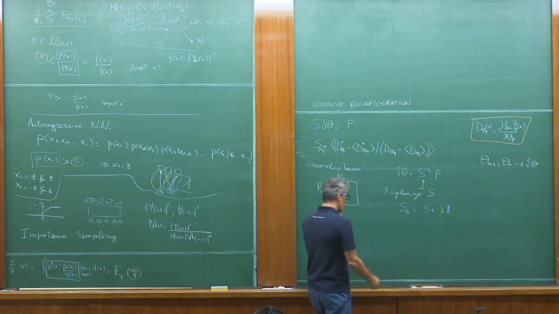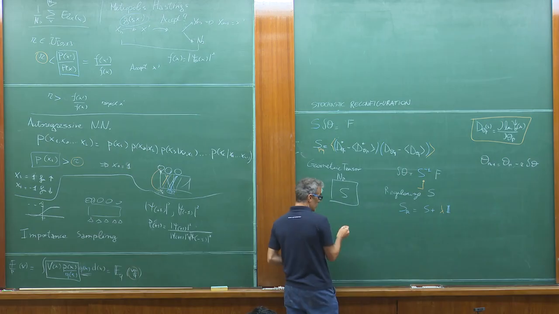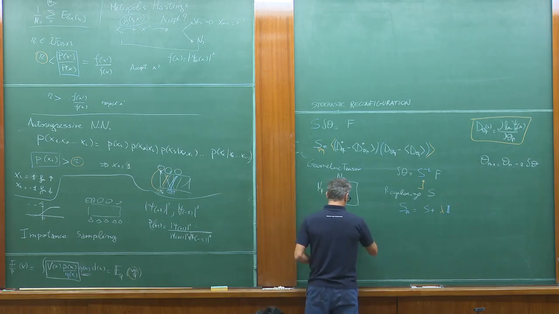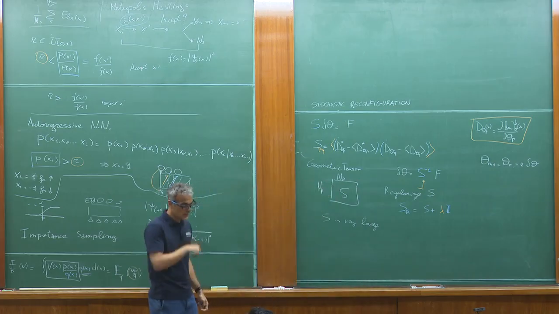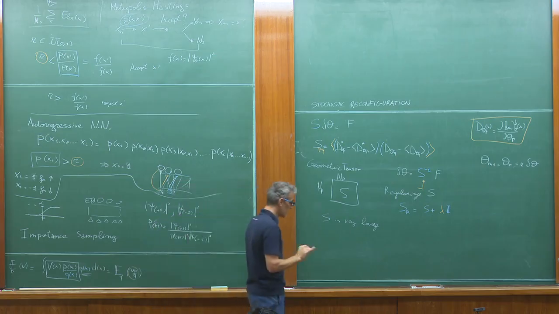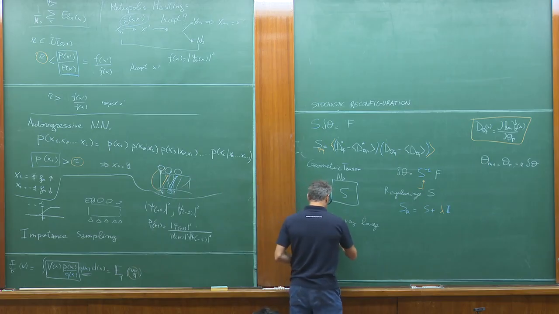Now, this is fine, but there is still the issue that S can be very large. So how to deal with the fact that S is very large? There is one approach that has been used in some works and in chemistry, which is called Kronecker factorization, KFAC.